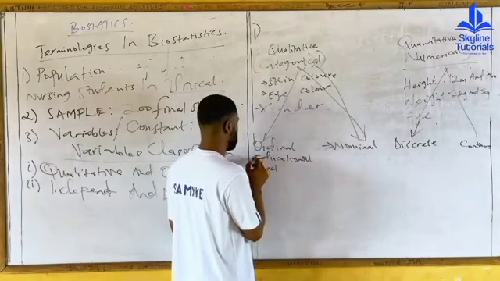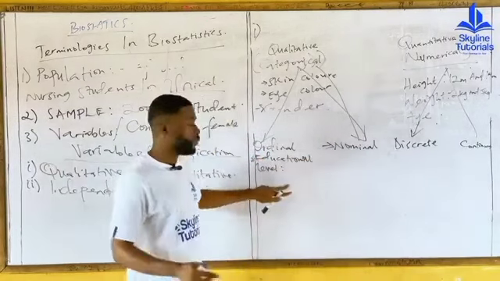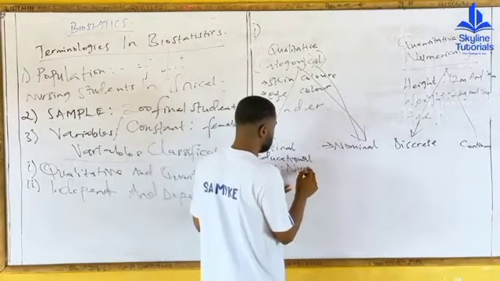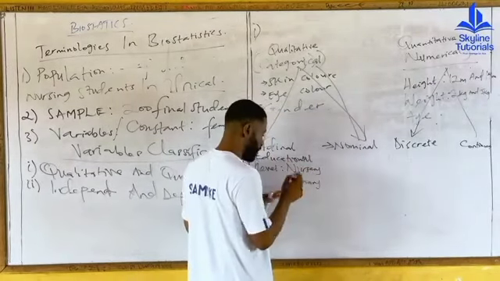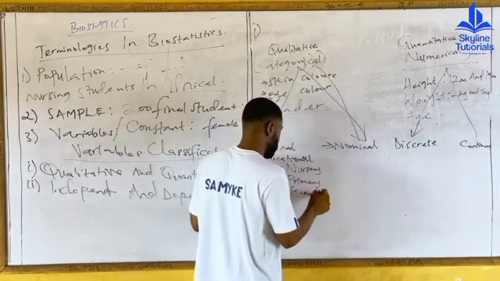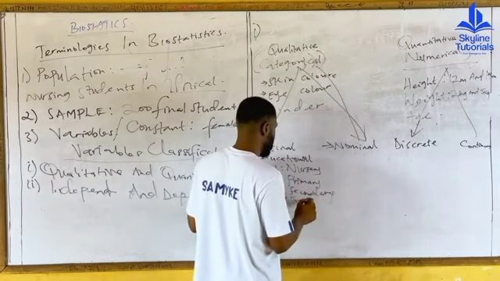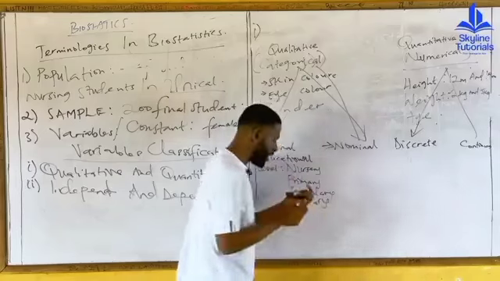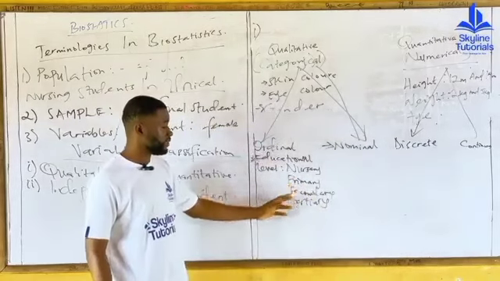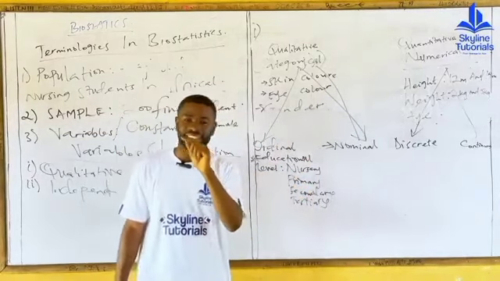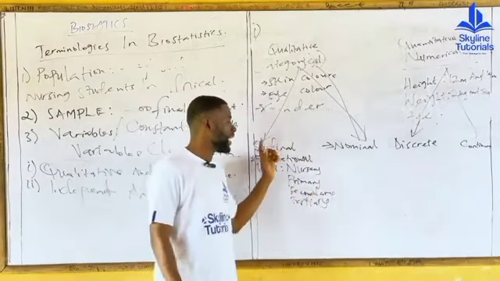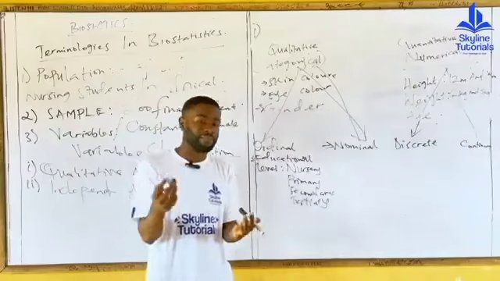Under educational level, we have, let's say, the nursery, the primary, the secondary, the tertiary. You can see that this has ranking. From nursery to primary, it is following a systematic pattern. Take note of that. An ordinal variable follows a systematic pattern.